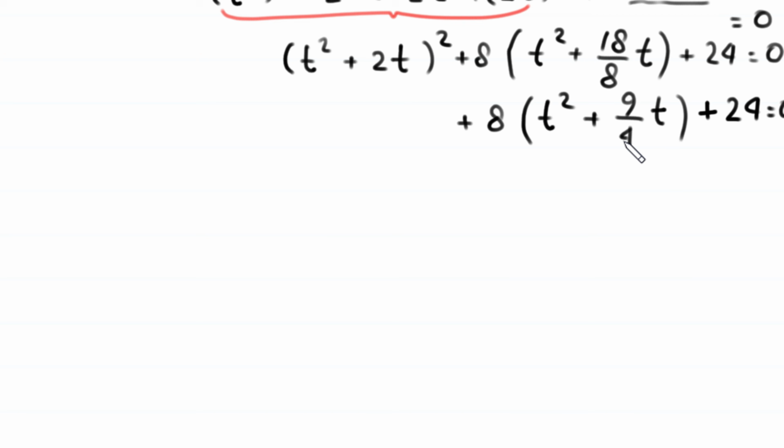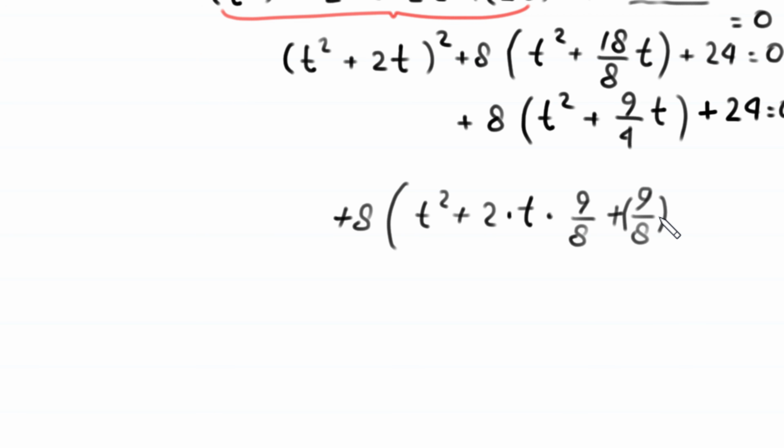Now we can rewrite this expression as plus 8 times t squared plus 2 times t times 9 over 8. To complete the square we add here 9 over 8 whole squared, and we also subtract 81 over 64, plus this 24 equal to 0, and this is a perfect square.